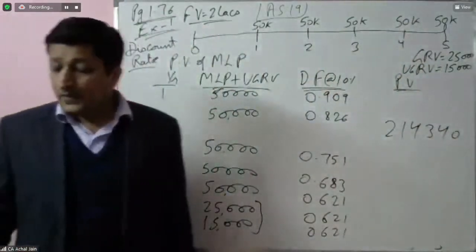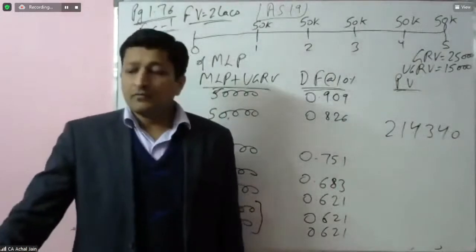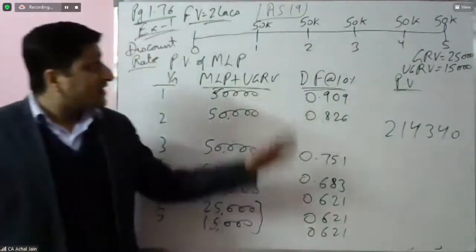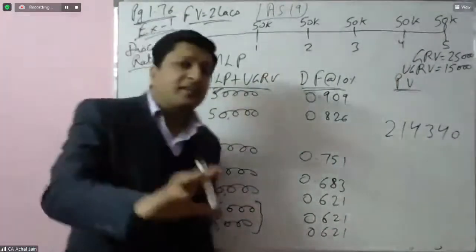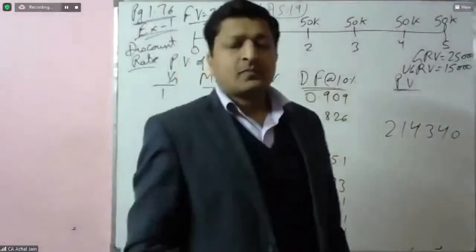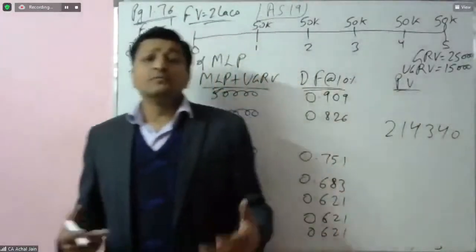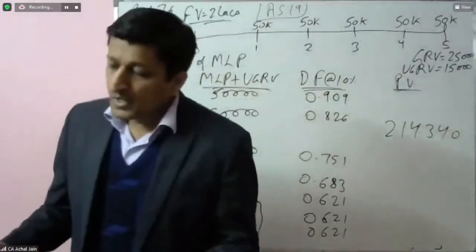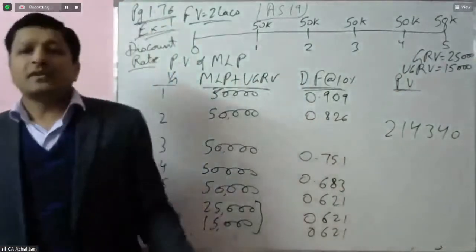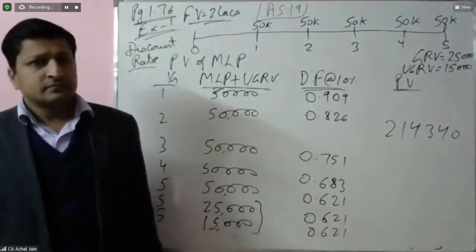So in such a situation, what do we say? That this rate that we have picked up is not the right one. So we'll have to do something else. Now we'll have to think about another rate.